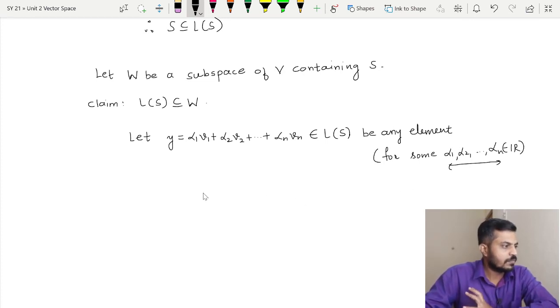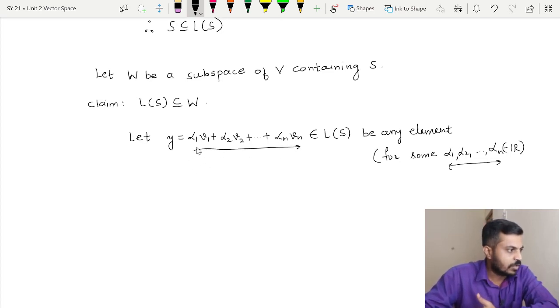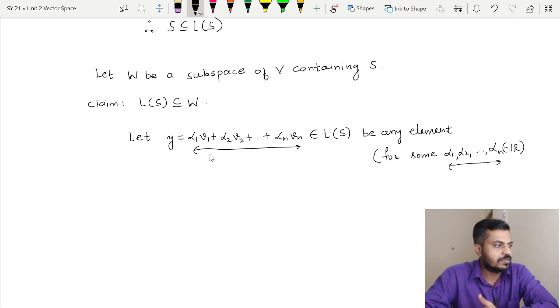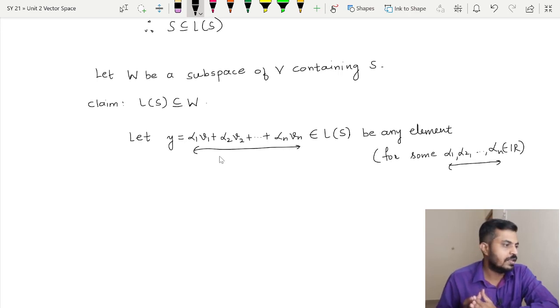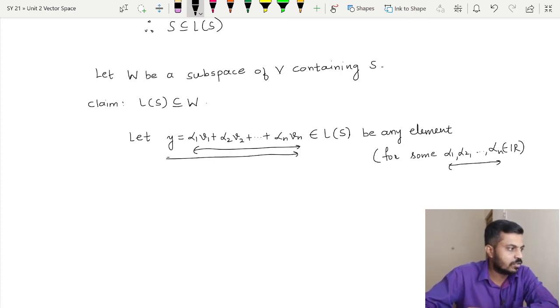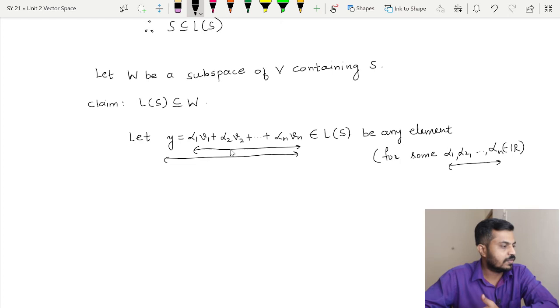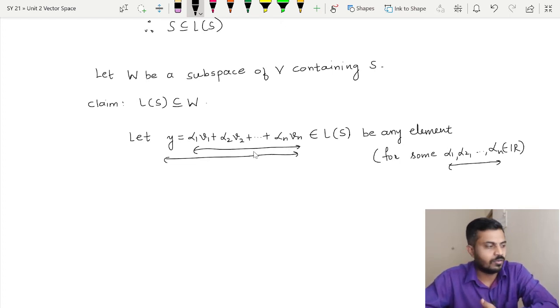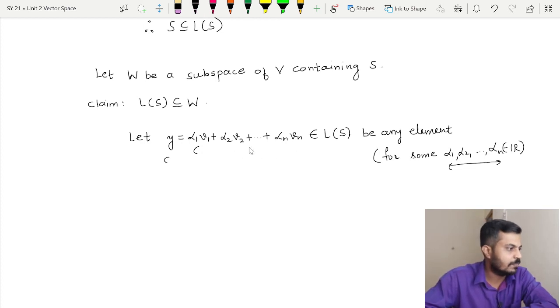Now see how to show that this Y belongs to W. I hope you understood why Y is of this form, because any element of L of S is nothing but a linear combination of V1, V2 up to Vn, and thus I have taken Y like this. You can use some other notation as well, like beta 1 V1 plus beta 2 V2, or even gammas for real numbers, that is immaterial.